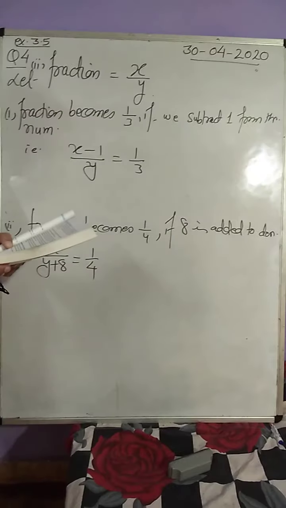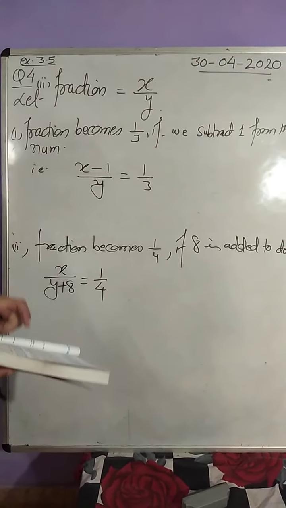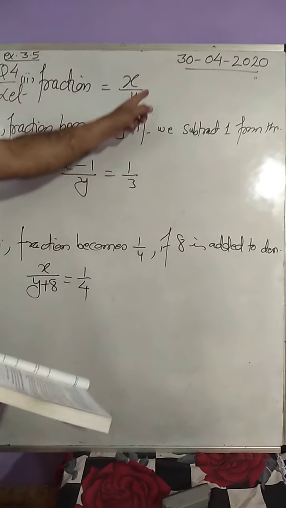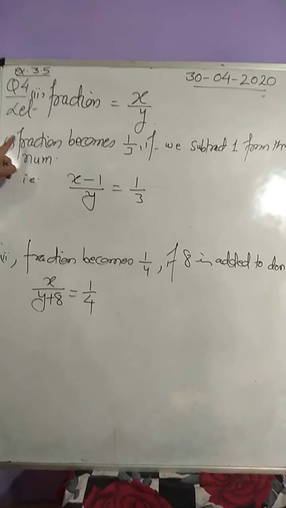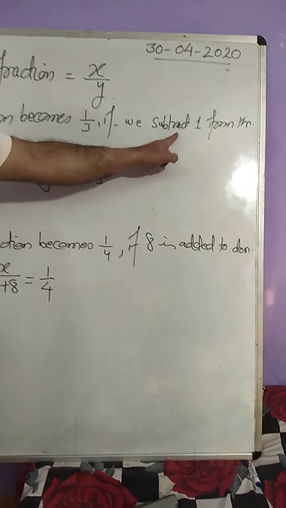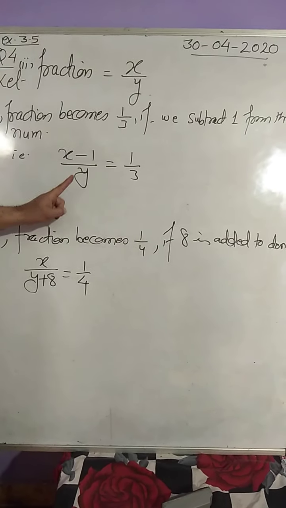Now the second part of the fourth question is regarding a fraction. Remember, whenever there is a question on a fraction, our assumption will simply be: let the fraction equal x over y. Now there are two cases. The first case: the fraction becomes 1 over 3 if we subtract 1 from the numerator. The denominator remains as such.